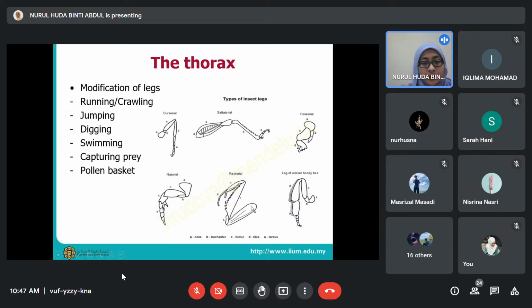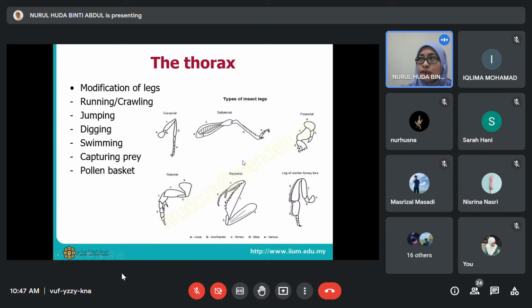Okay, and then there are also legs for capturing prey. We call it raptorial. The most common one you can see is on the mantis, the praying mantis.